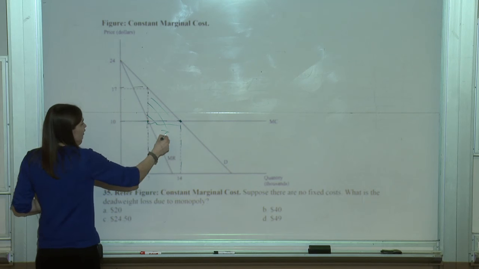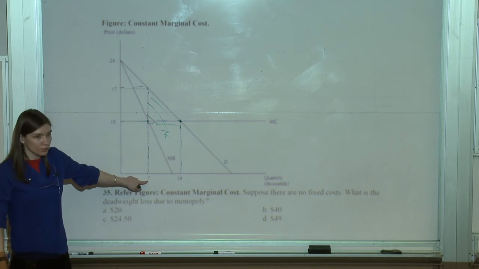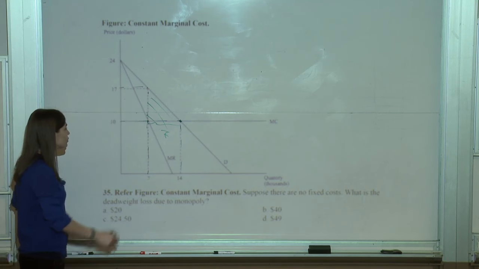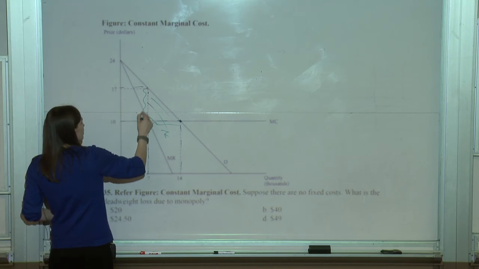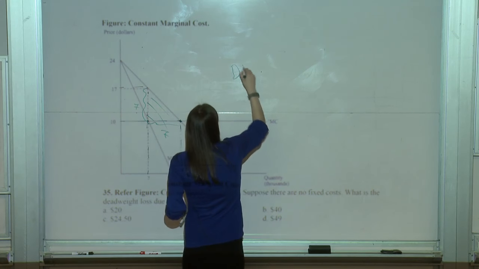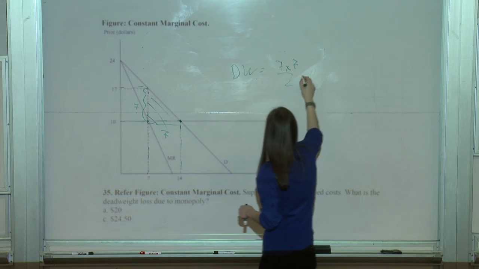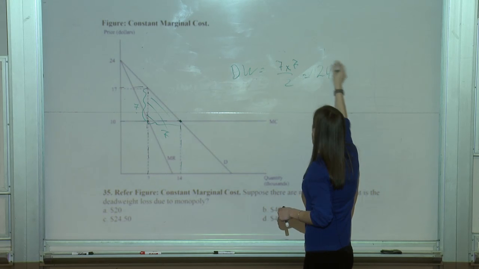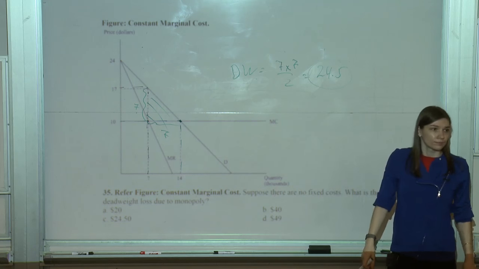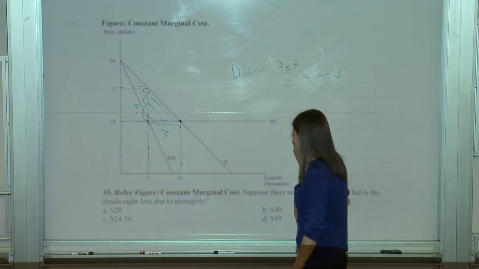The quantity in monopoly is 7, quantity in perfect competition is 14, so this side is 7 and that side is 7 as well. So the deadweight loss would be 7 times 7 divided by 2, or 24.5. This is straightforward. So the answer is C.